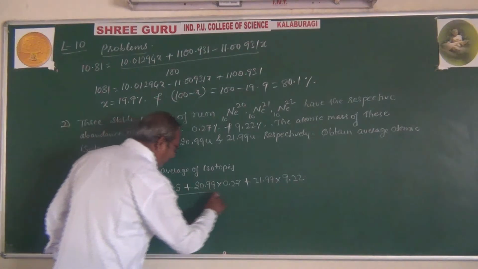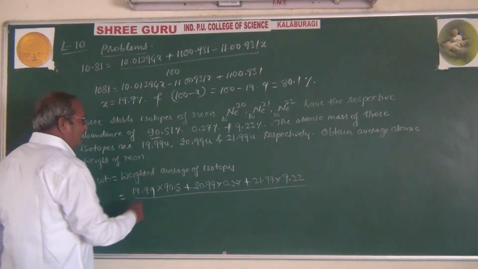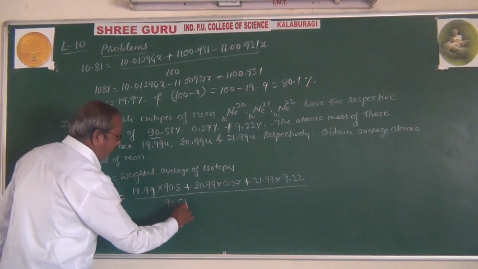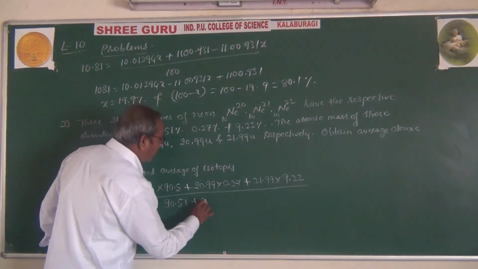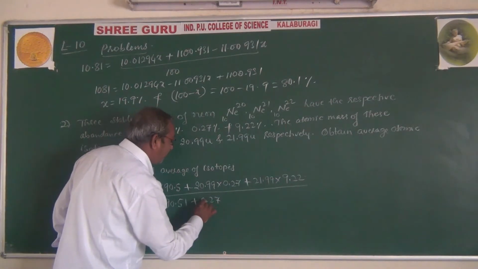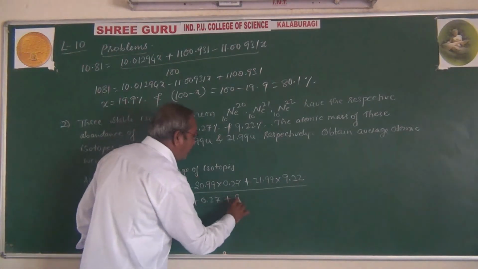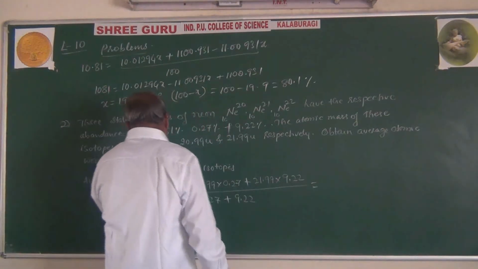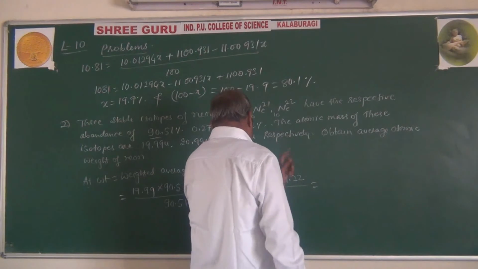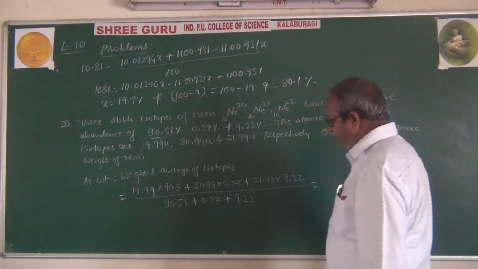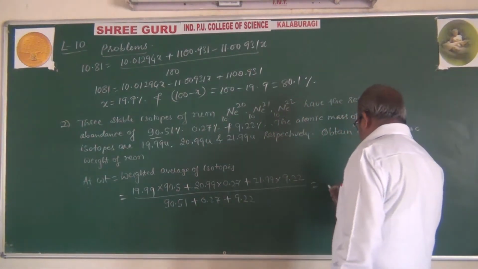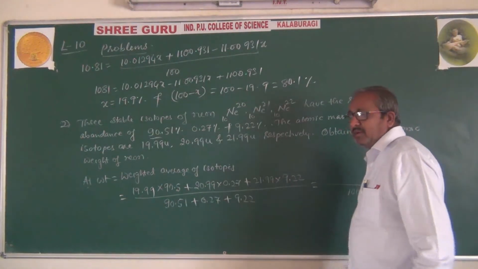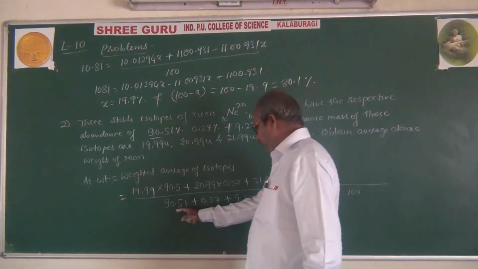This is divided by the total abundance, which is 90.51 plus 0.27 plus 9.22. You multiply, then sum, and divide by the total. The total abundance is 100%.